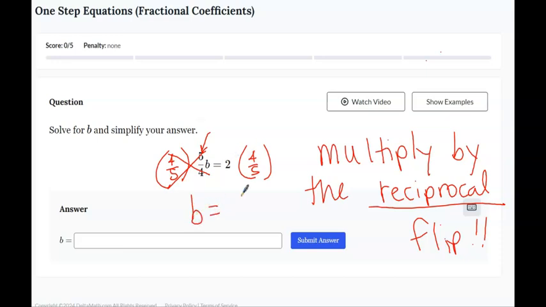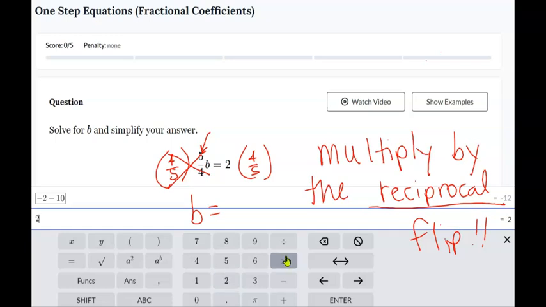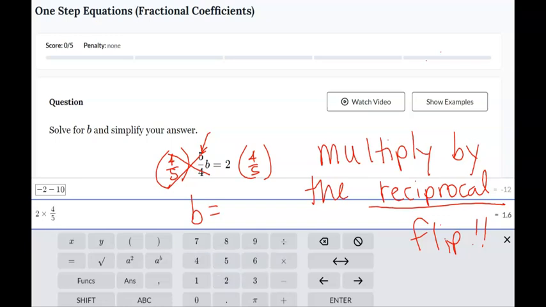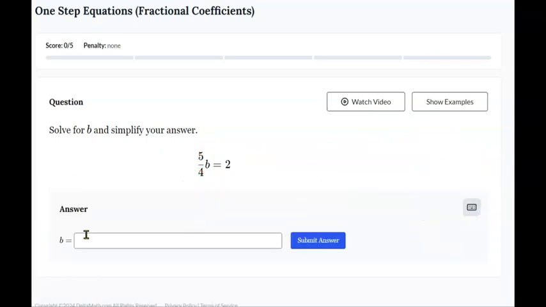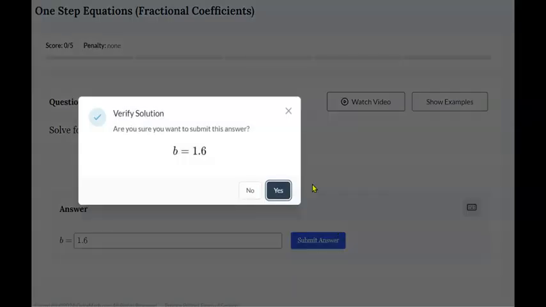Now 2 times 4/5 can either be computed mentally or you can open the calculator. 2 times 4, and then you have to use the division bar to make a fraction. 2 times 4/5 is 1.6. So we're going to type that here and click submit.